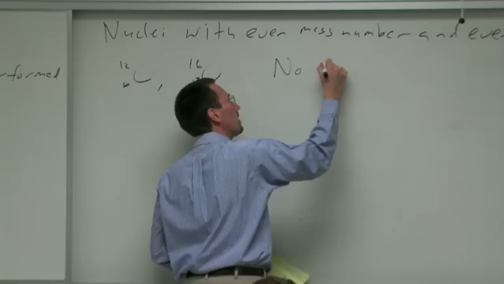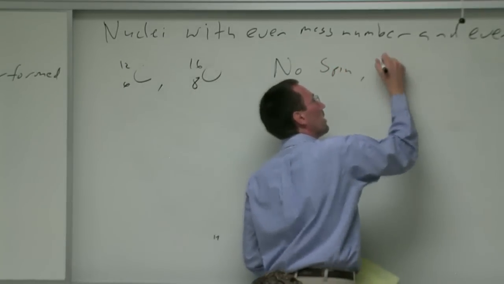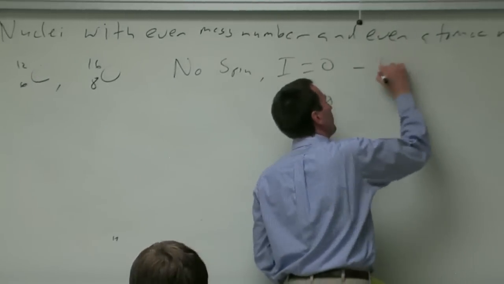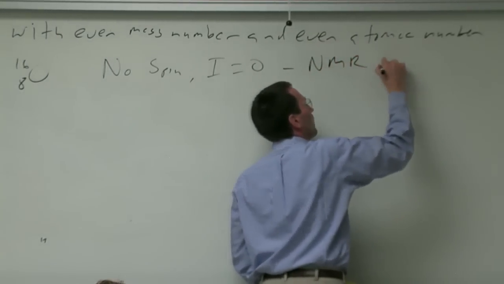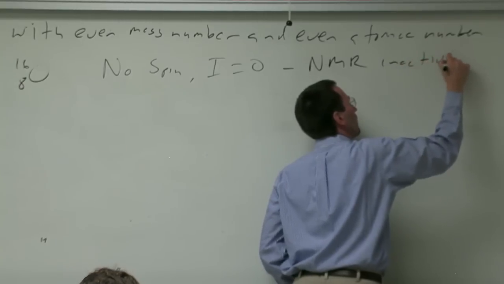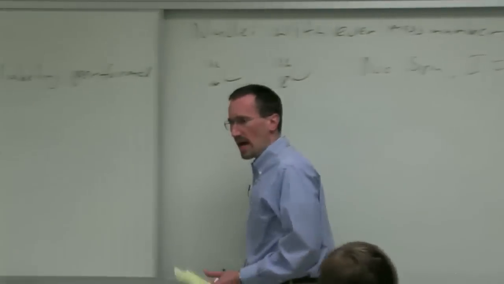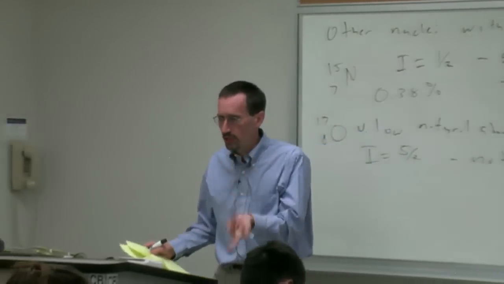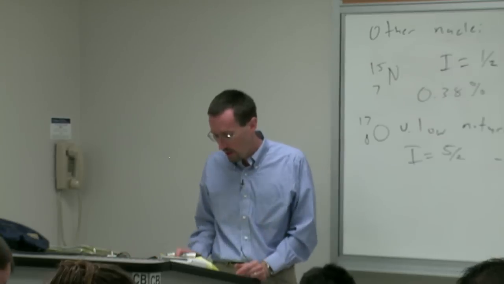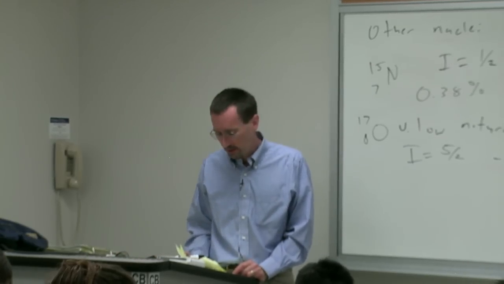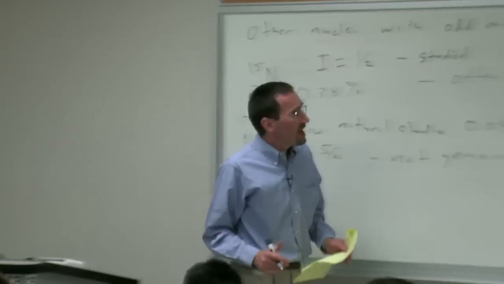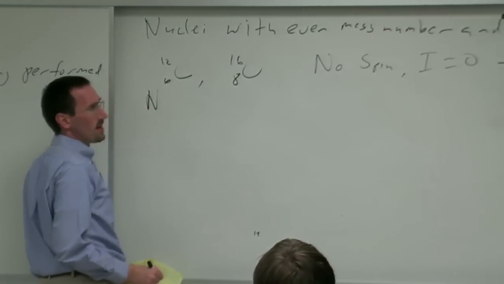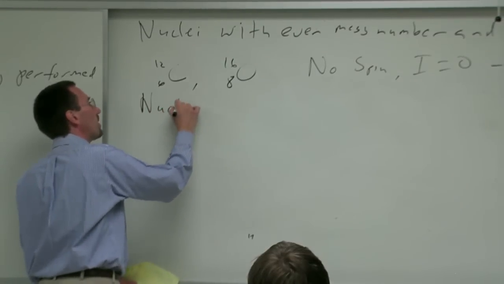They have no spin, and those are NMR inactive. Since you don't have different spin states, you can't have quantized transitions between spin states, so there's no way they can be studied by NMR spectroscopy. So the last class then becomes nuclei with an even mass number but not atomic number.